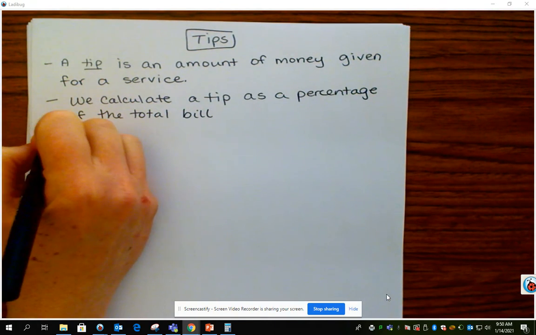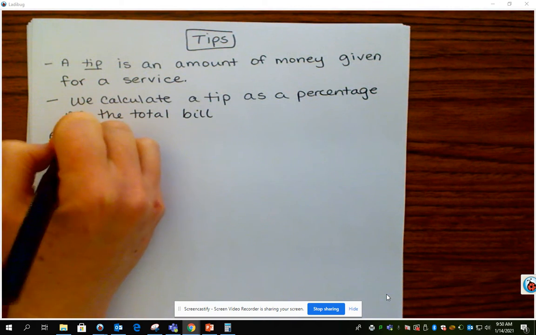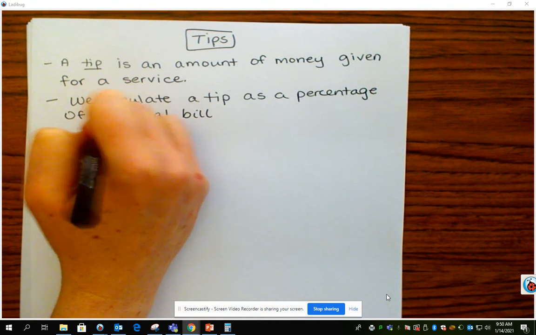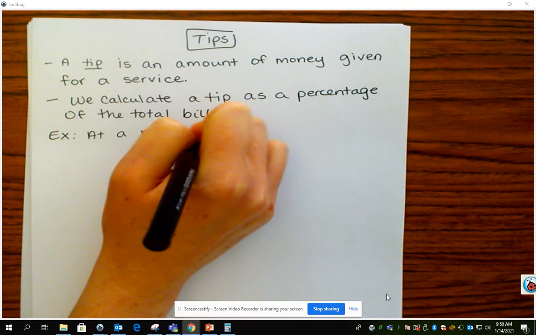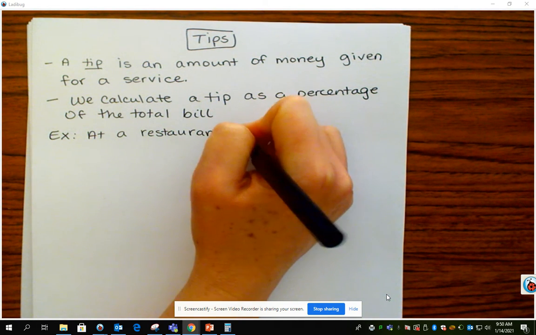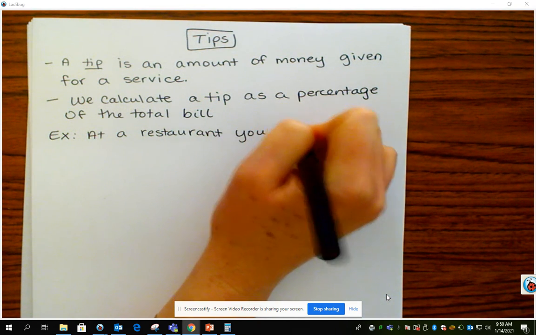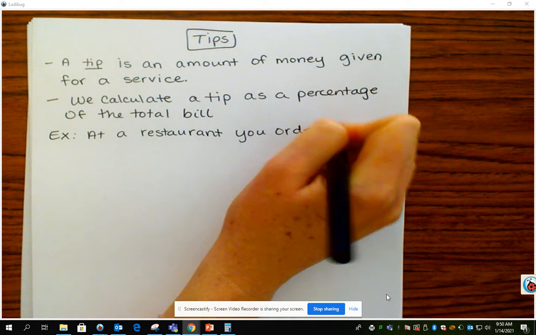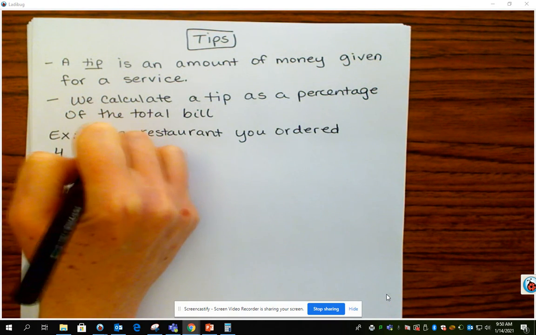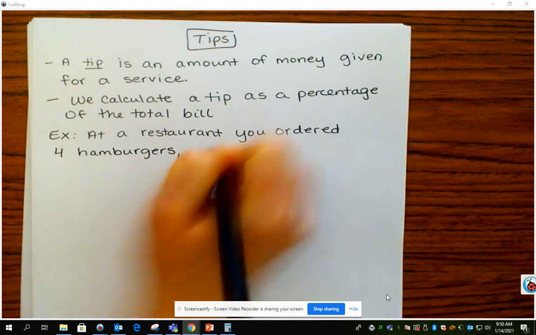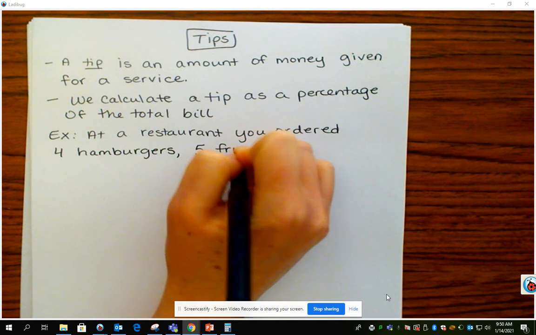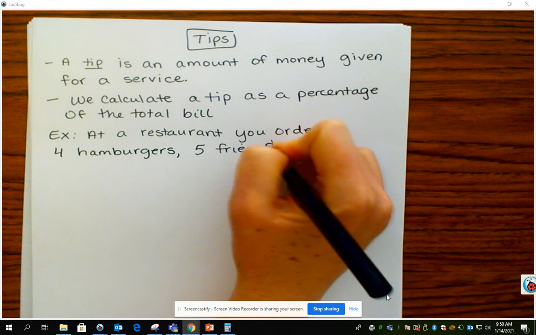Okay, so let's look at an example from a restaurant. So at a restaurant, you ordered 4 hamburgers, 5 fries, and 4 sodas.